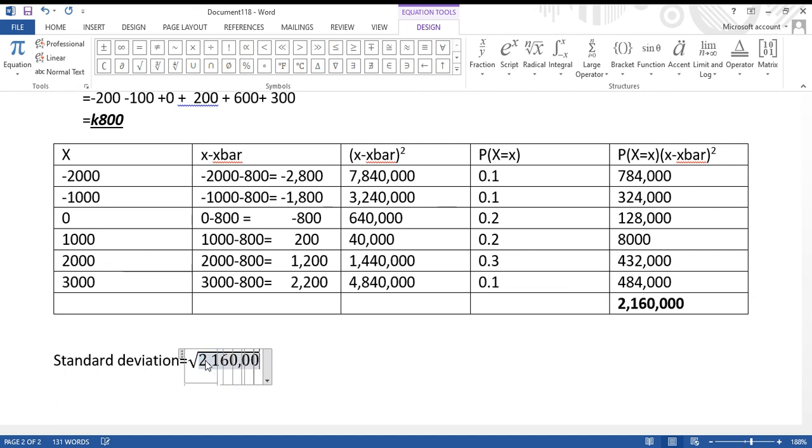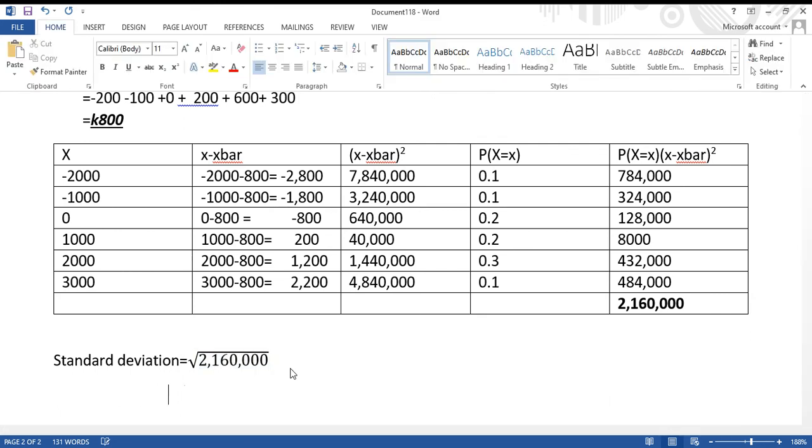What is the square root? 1,469. That's all.